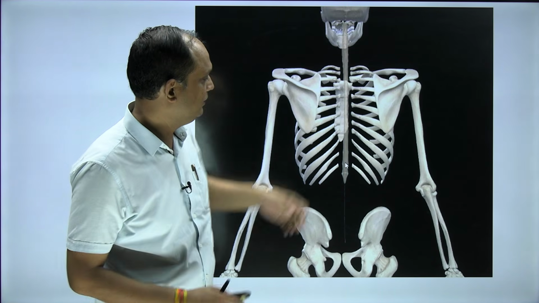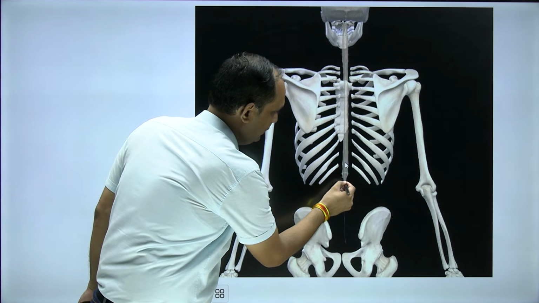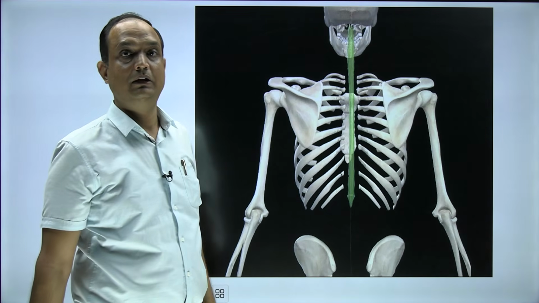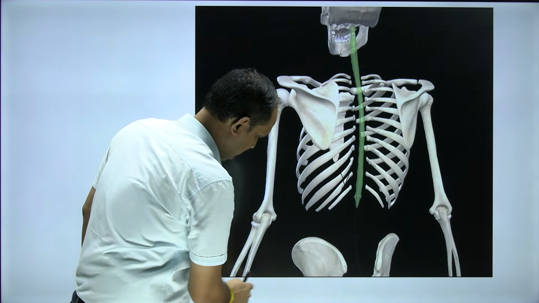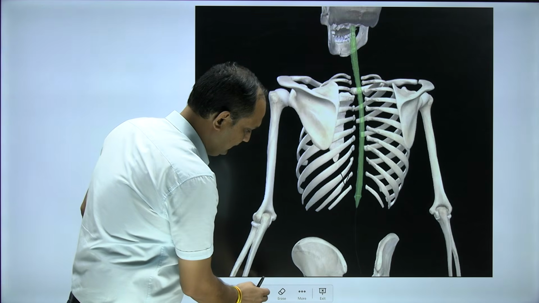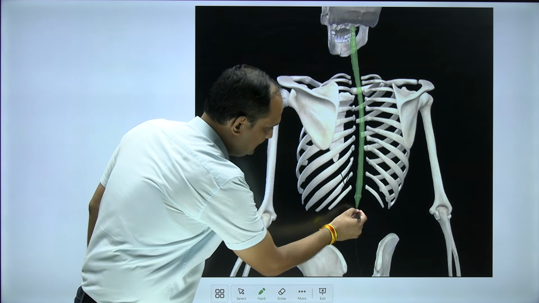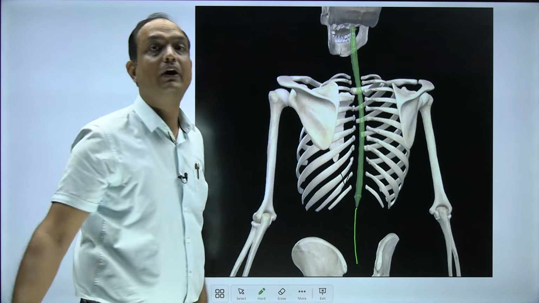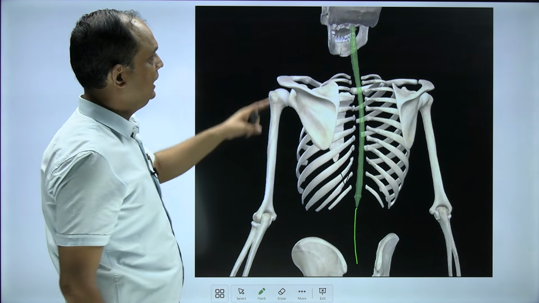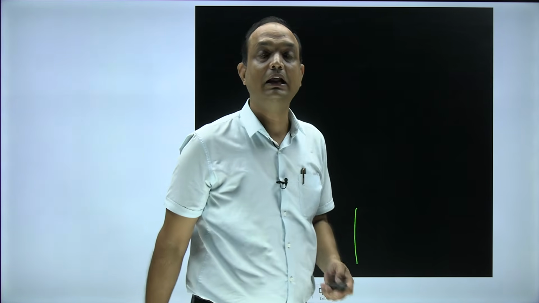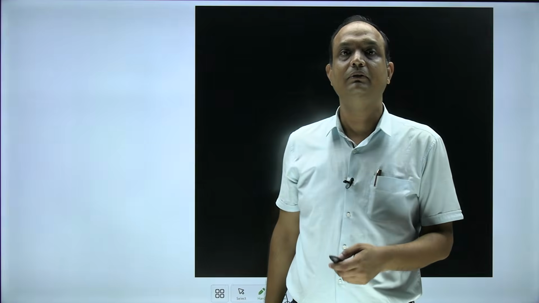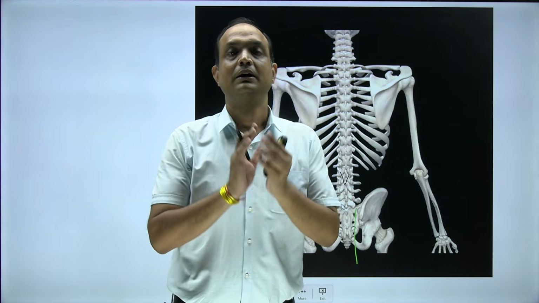And inside that, you can see the lower end, which is your conus medullaris, and below the conus medullaris there is a very thin filament visible, and this thin filament is your filum terminale.